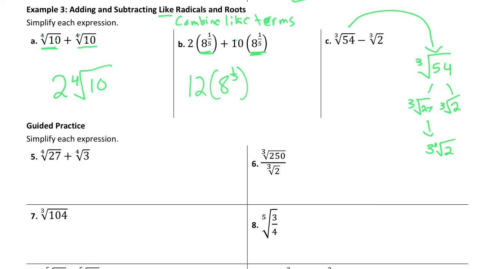So my problem becomes 3 cube roots of 2 minus 1 cube root of 2, which is 2 cube roots of 2. So essentially, if the roots are being added or subtracted and they are not identical, divide the bigger one by the smaller one to break it down, and you can combine those roots in the end.